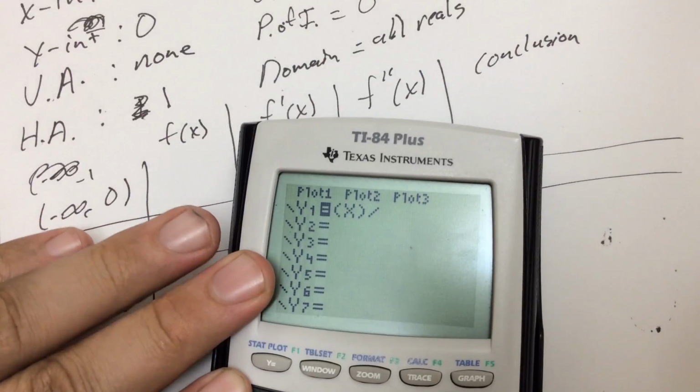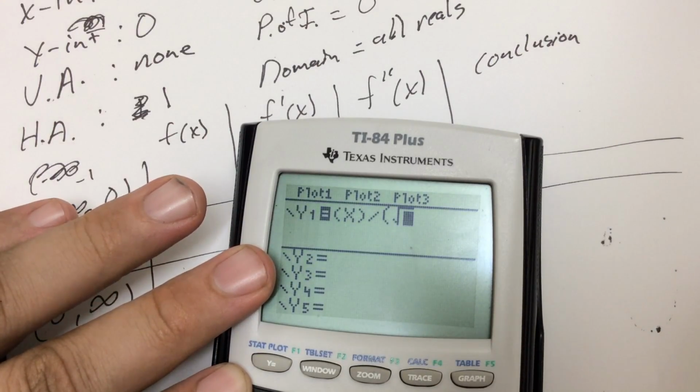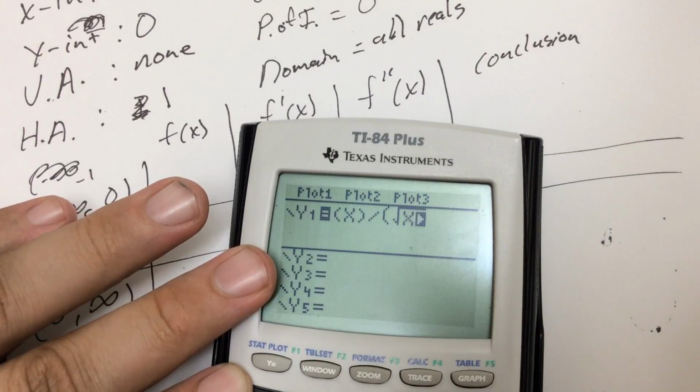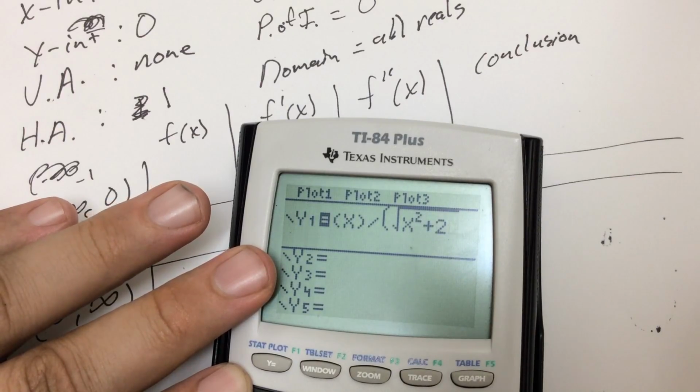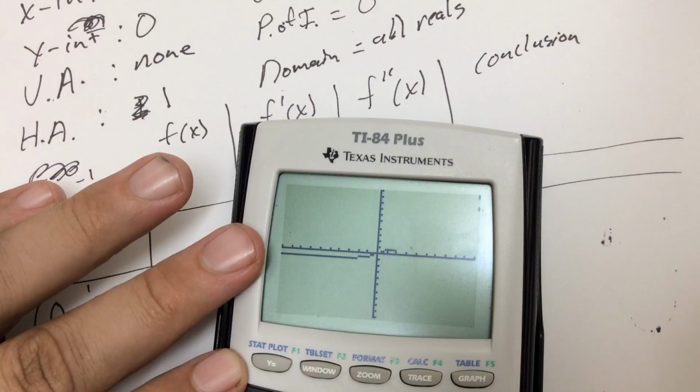So x divided by, and then parentheses, second square root of x squared plus 2, close the parentheses. Now I'm just going to check the graph here real quick.